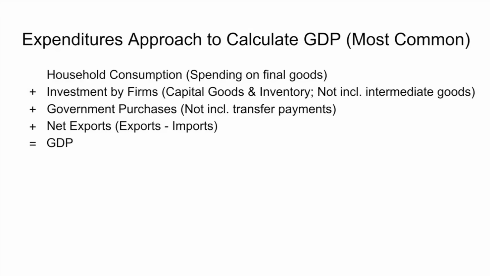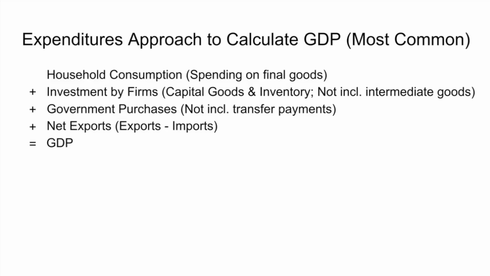So here's the expenditure approach to calculate GDP, which is the most common. GDP consists of household consumption, spending on final goods. So for example, if you purchased an egg from a store in order to make food and eat it at home, that would be considered a final good. And investment by firms, which includes capital goods or machinery, and inventory, which is the amount that firms spend to produce things that are not sold in the given period, but they store in order to sell in a later year.